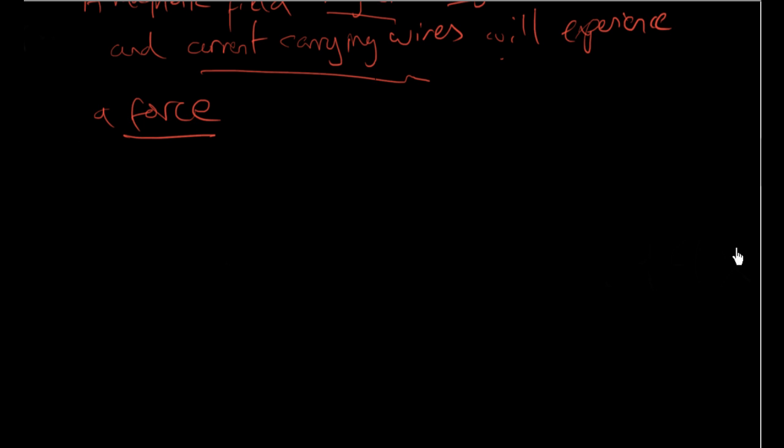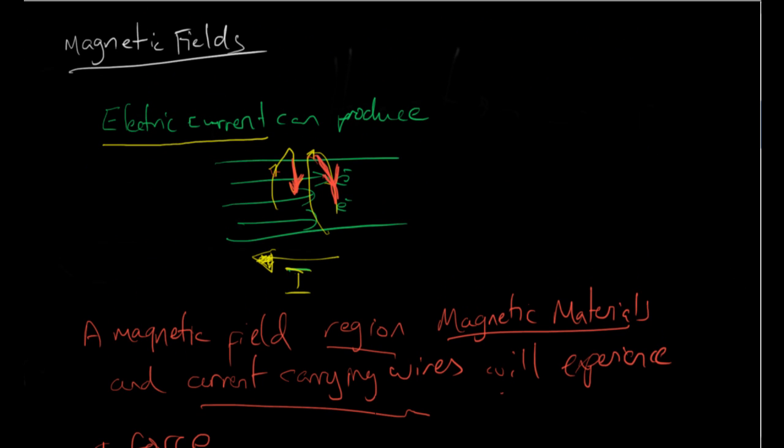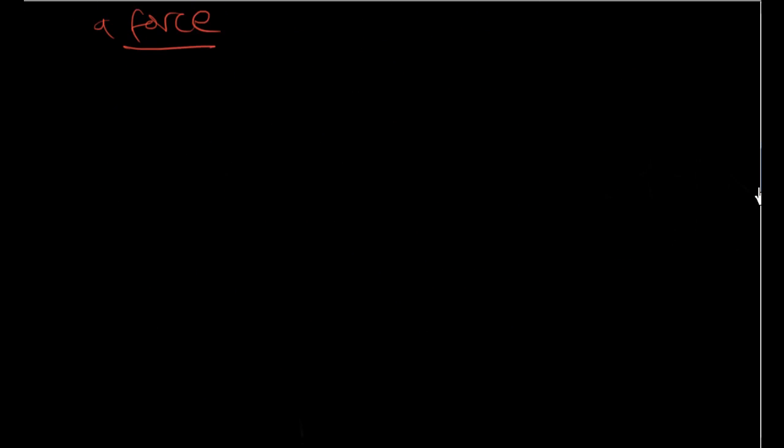So now that we know this about magnetic fields around wires, you can imagine somebody coming up with this idea and saying, well, if I now know that if I have a wire and the current is going in this direction, I can create a field around it that would go like that.